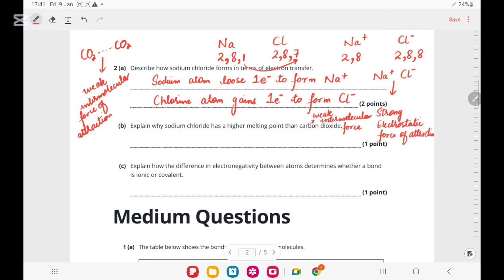And then we can write it here, that NaCl has strong electrostatic force of attraction or Coulombic force of attraction, while carbon dioxide has weak intermolecular force of attraction.